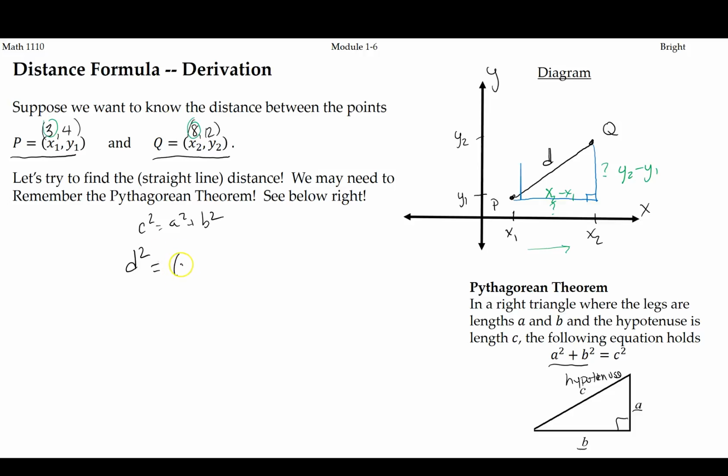So it would be the quantity x2 minus x1 all squared, because that's the length of this leg, and then plus the quantity y2 minus y1 squared. Okay, but I want just d, so in going from d squared to d, I have to square root both sides.